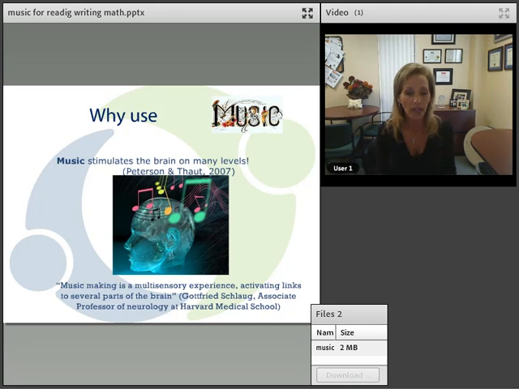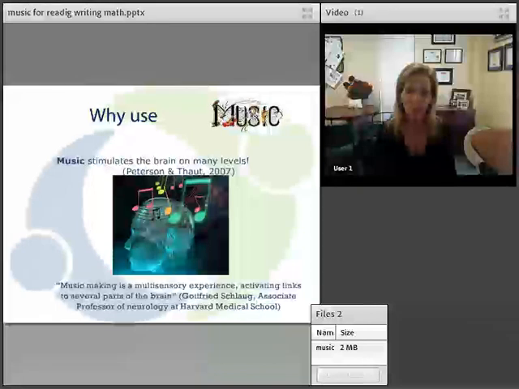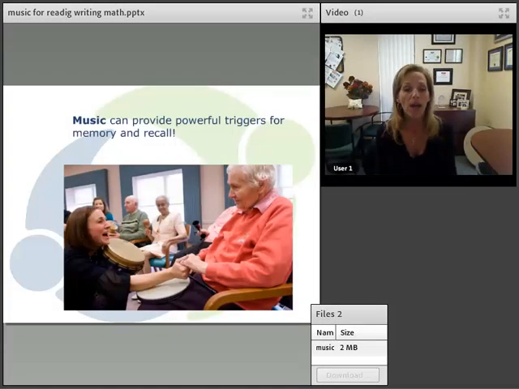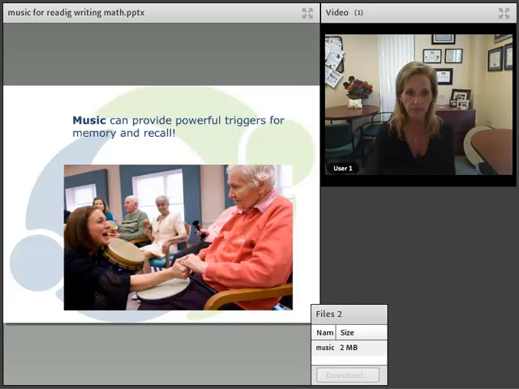It also, as the quote says below, activates links to several parts of the brain, whereby regular auditory information may only be accessed through one channel of the brain. Music, because of the melody and the rhythm, helps you to access information in different parts of your brain. So it really does provide another learning channel.